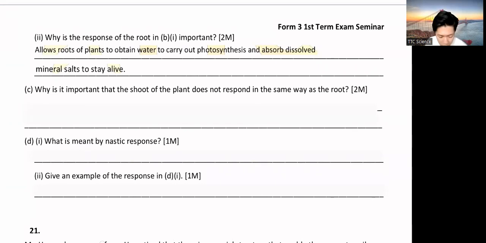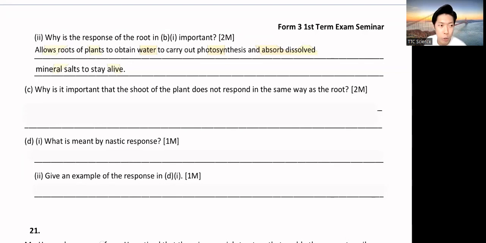Okay, C. Why is it important that the shoot of the plant does not respond the same way as the root? They both have different jobs, right? Luckily the leaf doesn't work like the root, or else the whole plant would be growing down with gravity all the way down to the water. Then where's the plant? There's no plant on the surface of the earth. So it's important for us to do our own responsibility. You do your job, I do my job.